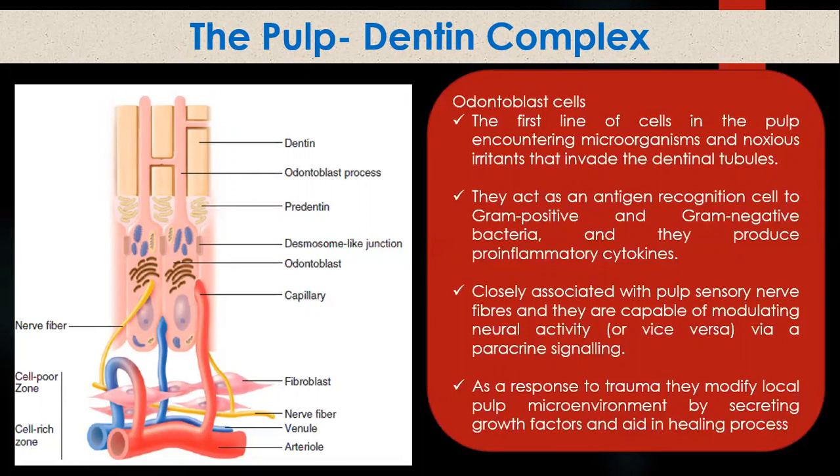What is meant by paracrine signaling is the cell to cell response, that one cell is recognizing and giving a response, transmitting it to the adjacent cell, and accordingly the response is being transmitted. In this way, odontoblastic cells can modify the local pulpal microenvironment and also may contribute to the healing process in some other aspects.